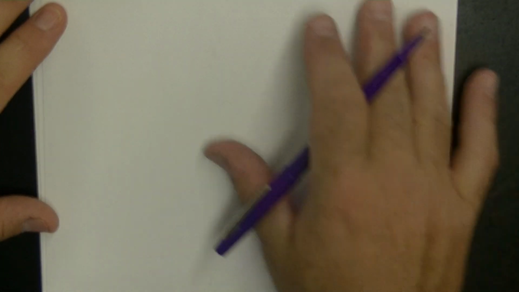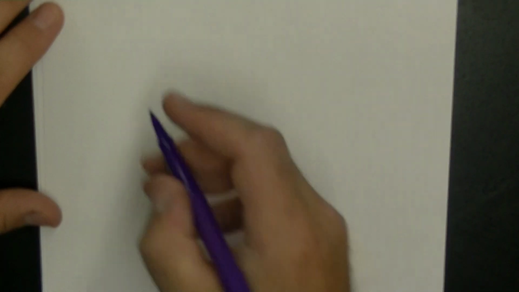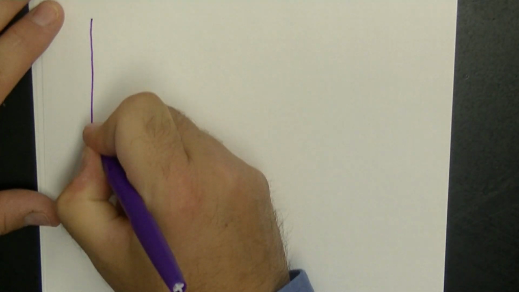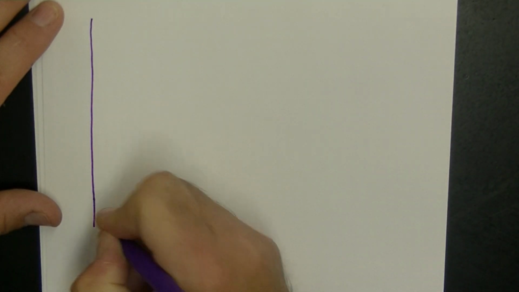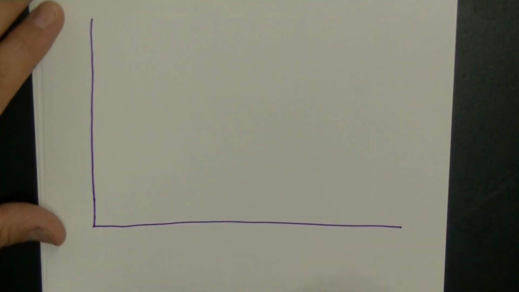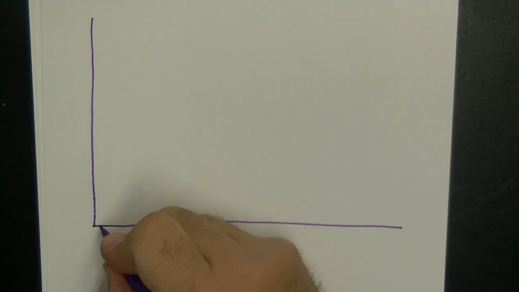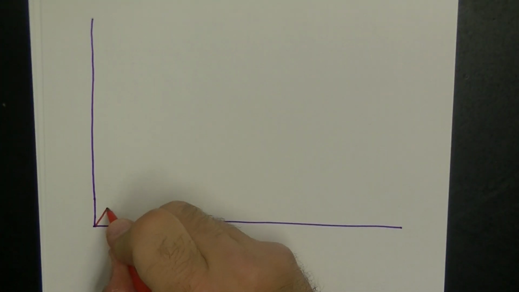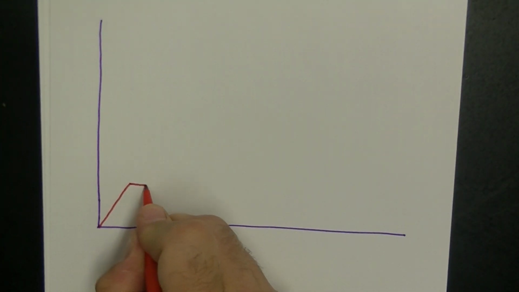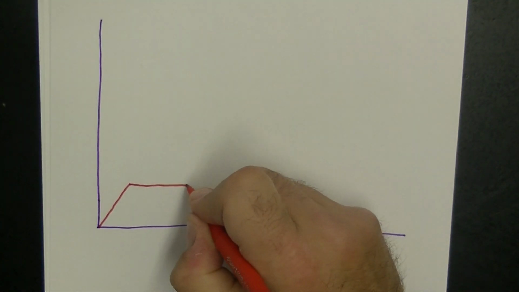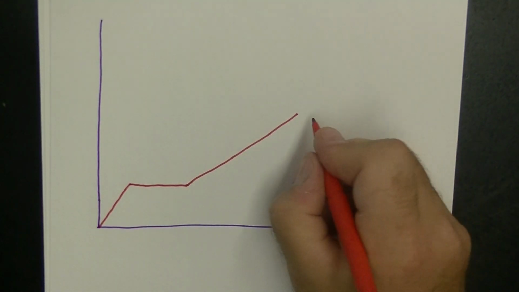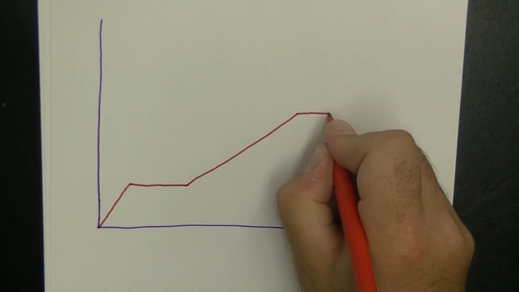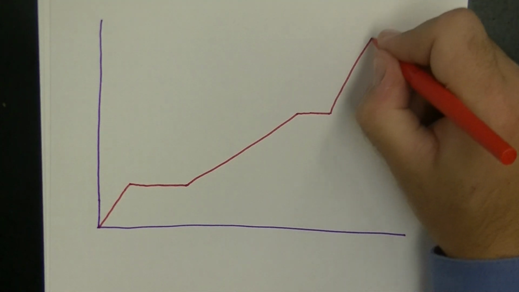So basically, I'm going to make a big graph here and label it. This is nothing new, it's the same thing you had last year. The heating cooling curve looks something like this. It comes up here like this, and then it levels off. Then it might come up again, and level off, and then come up again.